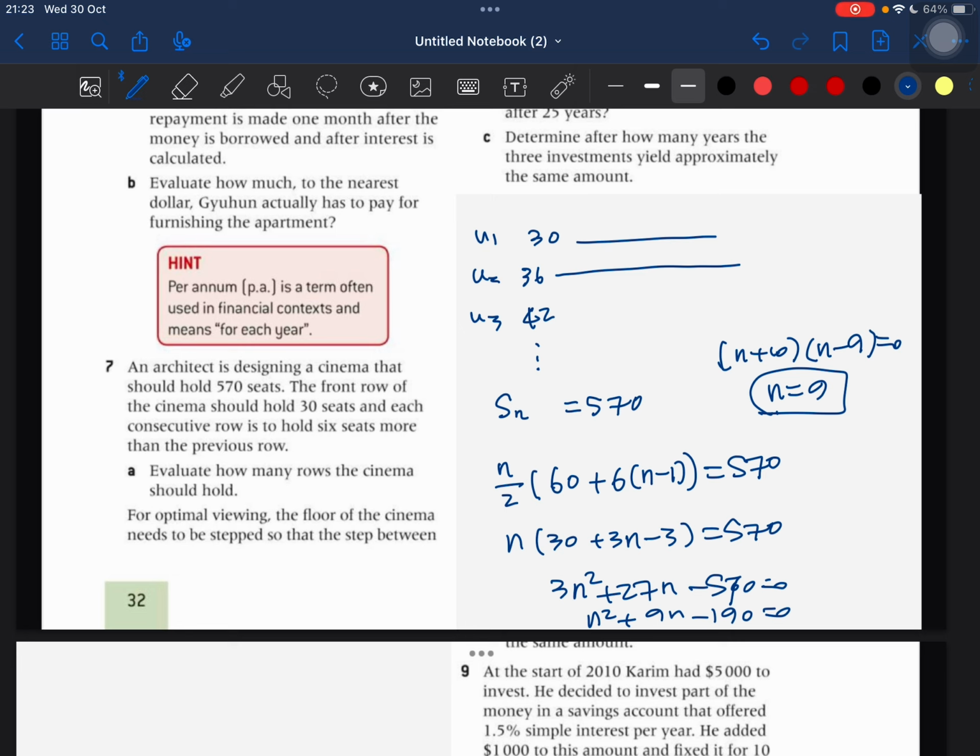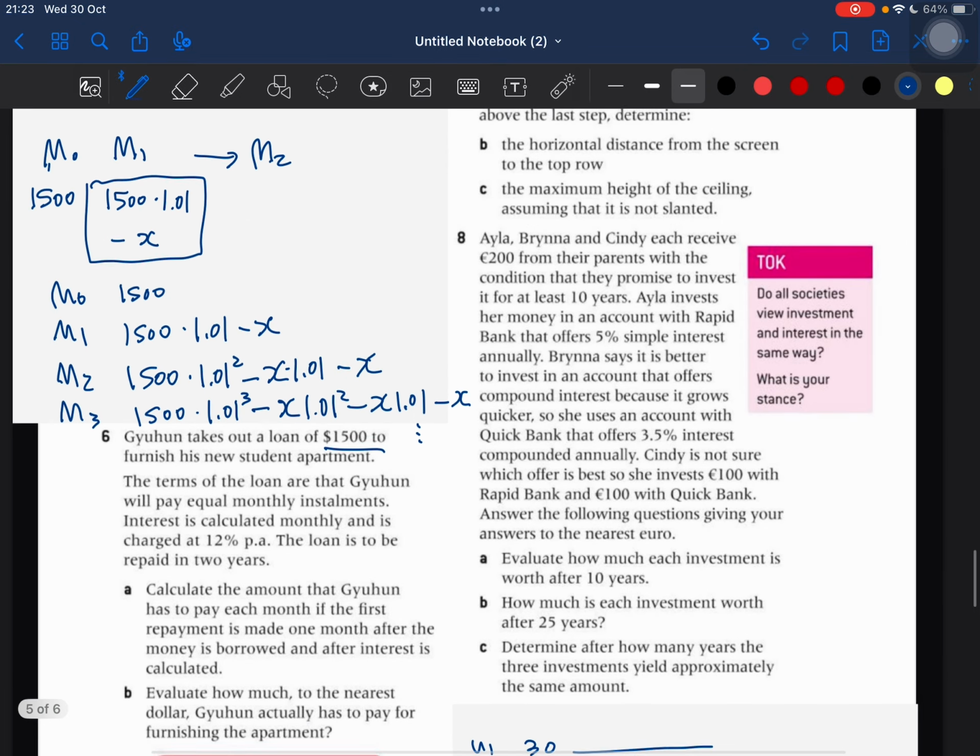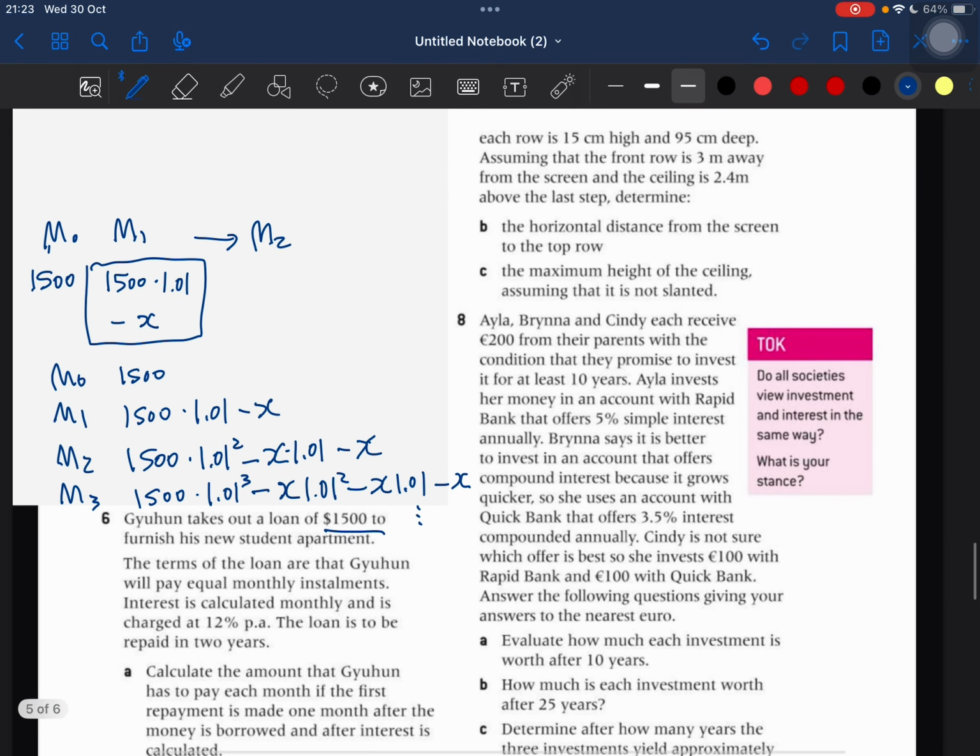For optimal viewing, the floor of the cinema needs to be stepped, and between each row it is 15 centimeters high. Assuming the front row is 3 meters away from the screen, and the ceiling is 2.4 meters above the last step, determine the horizontal distance from the screen to the top row.